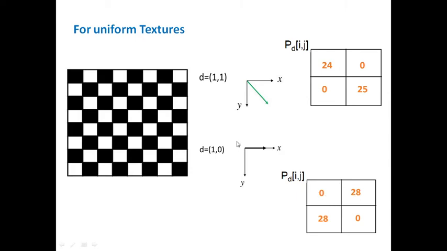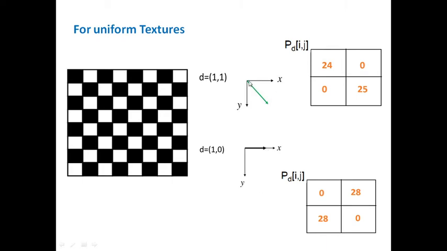Now, what I am doing here is, it is my chessboard actually. This is my chessboard, and the displacement is 1, and the direction is diagonal. And here the displacement from i to j is in this manner, and the direction is 0 degrees.